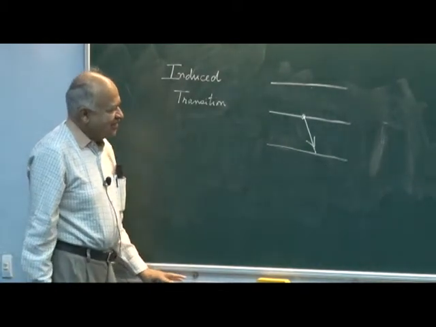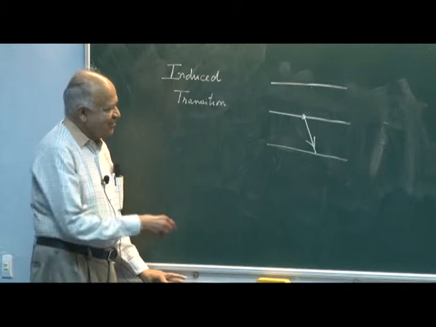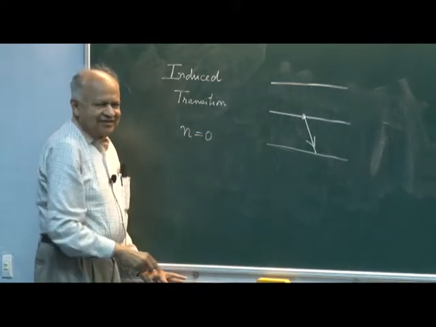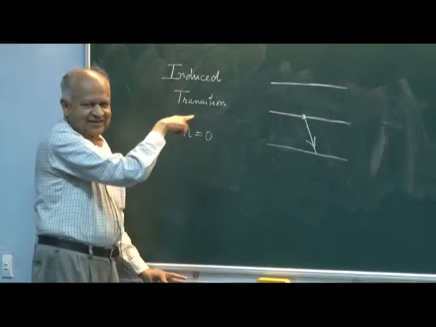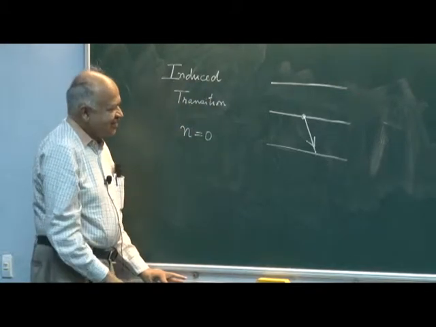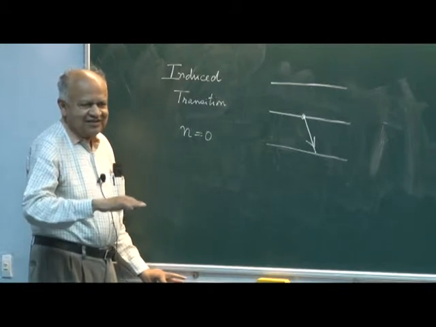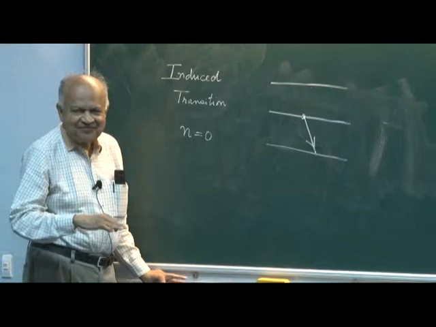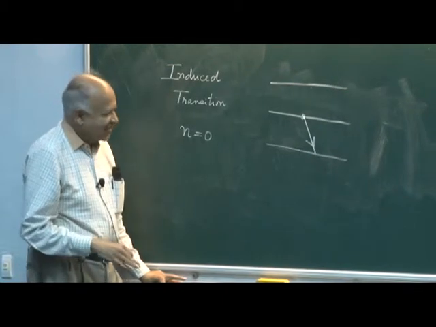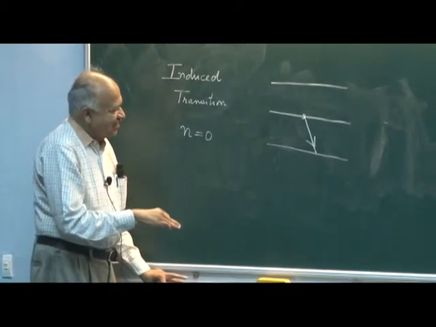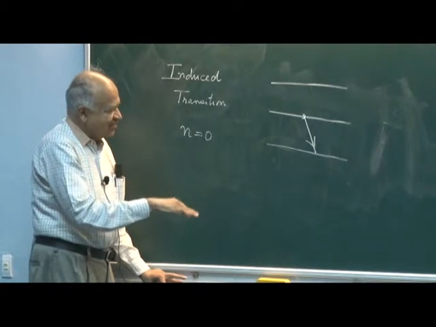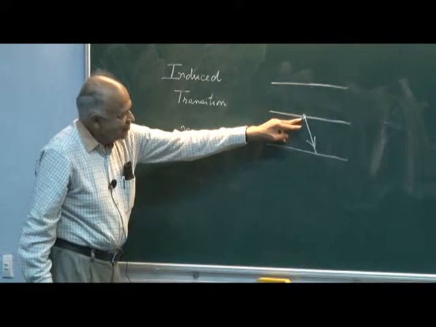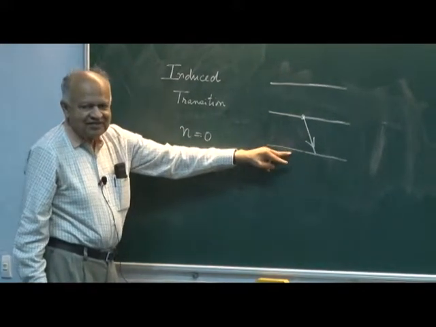And that is explained in field theory by saying that even in the lowest energy state of 0 quanta of this induced radiation, there is still a vacuum fluctuation. The vacuum is non-trivial in the sense that the vacuum has something going on, and that vacuum fluctuation has electromagnetic changes going on, and those interact with the electron and make it jump down.